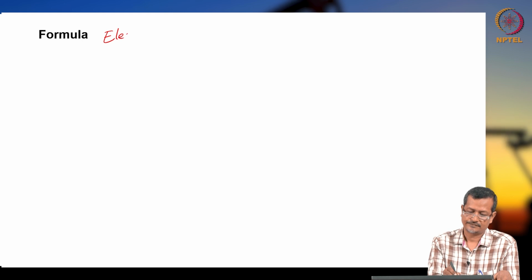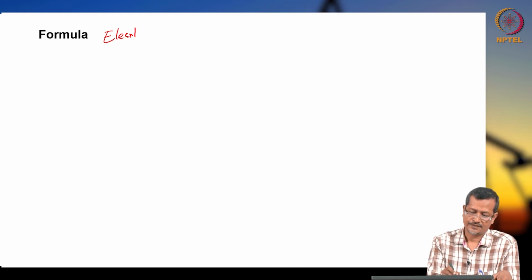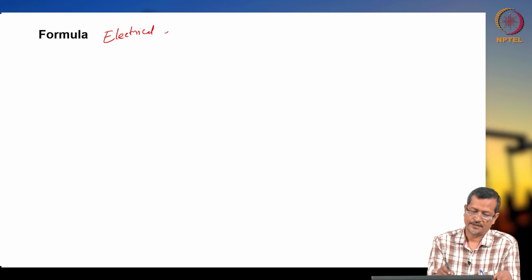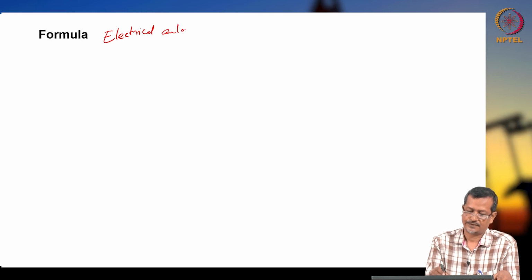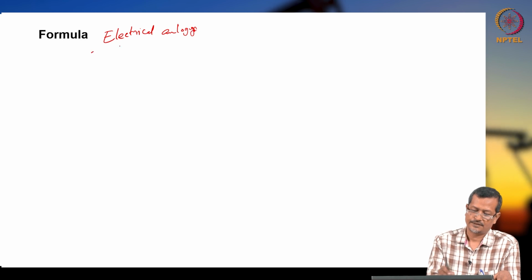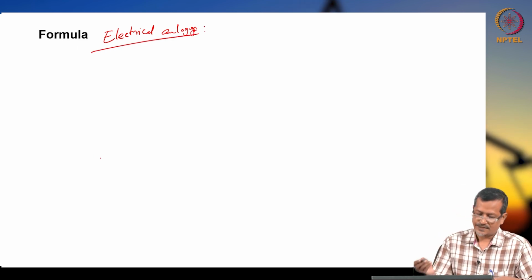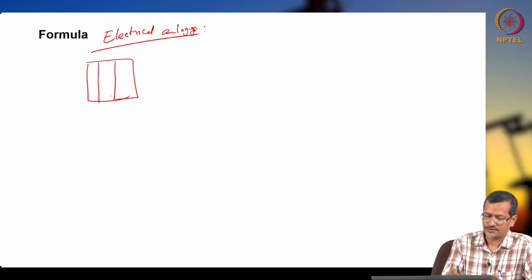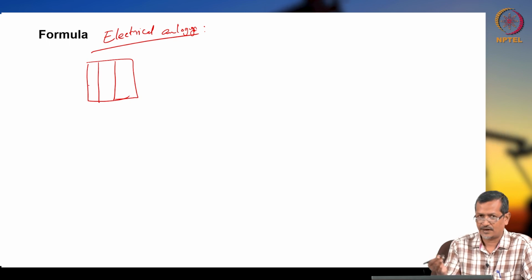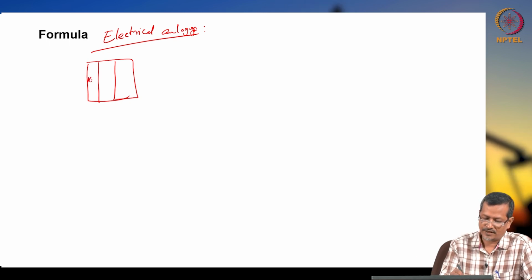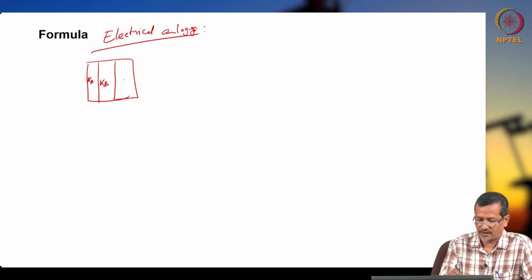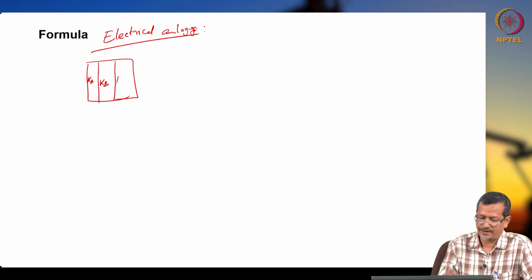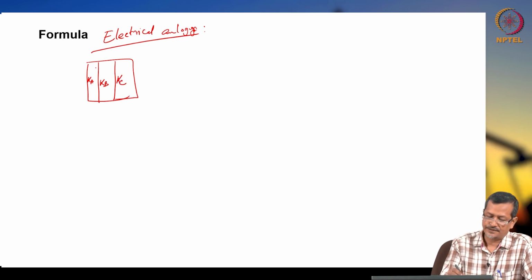Now we will try to calculate using the electrical analogy. Let us say one heat transfer surface is like this and you have 3 layers of metal, let us say copper, aluminum, and iron. One layer will have conductivity Ka, this is metal A, this is metal B, with different thermal conductivity, and Kc.